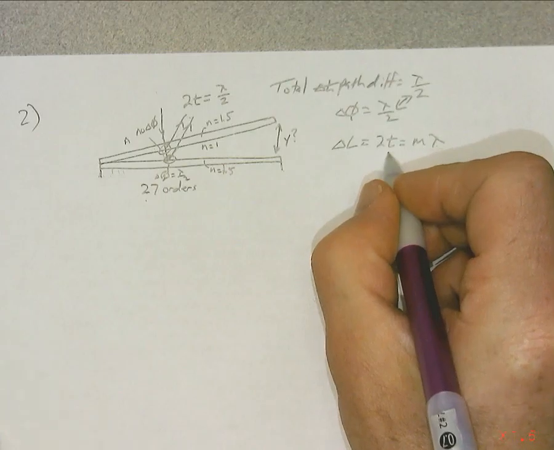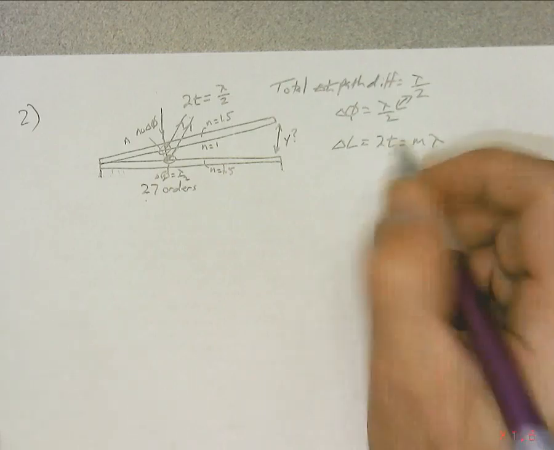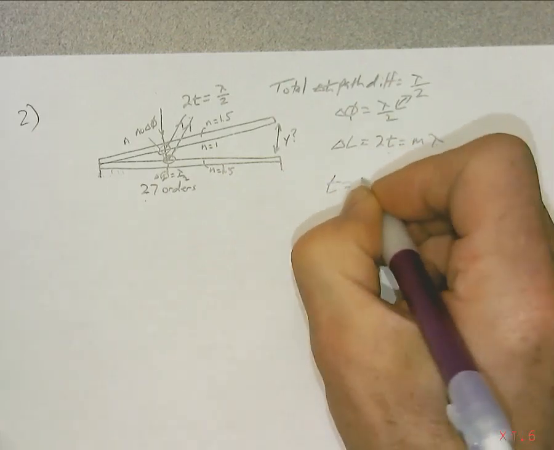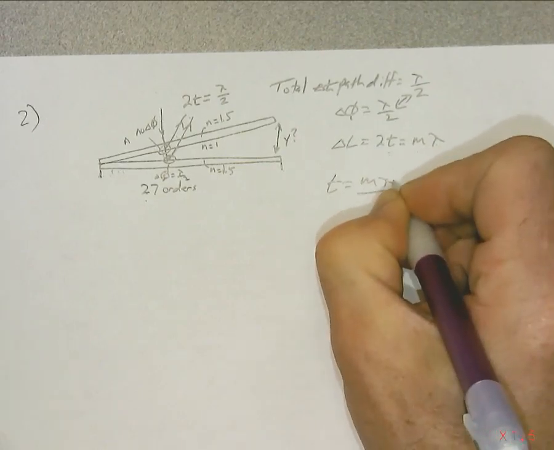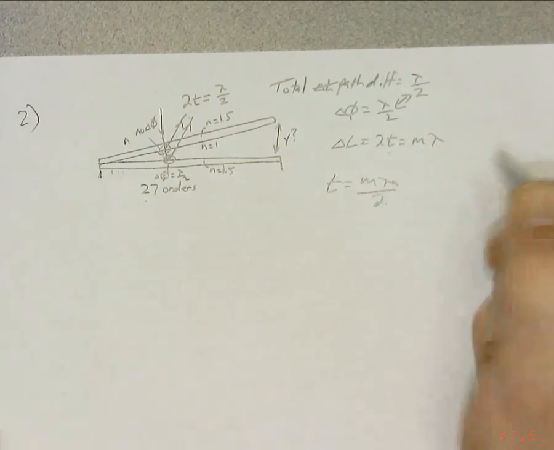We're going to solve for the thickness to satisfy this condition. So t is equal to m lambda sub n over 2.